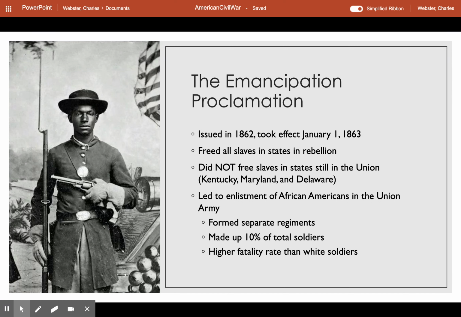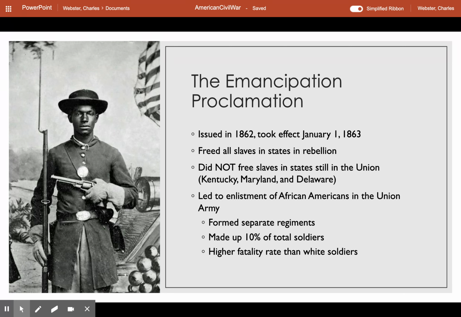But it took effect on January 1st, 1863. And what it actually did was free all the slaves in the states that were in rebellion, all the Confederate states. It did not free slaves in states that were still part of the United States, states like Kentucky, Maryland, and Delaware.